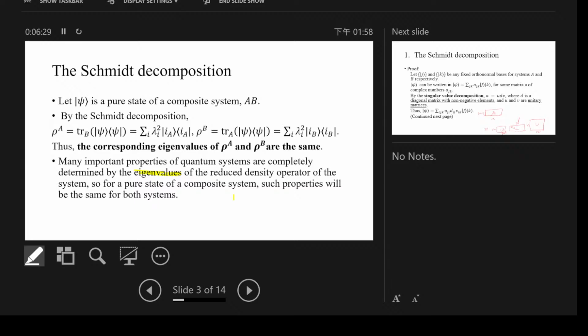That's the first thing we know from the Schmidt decomposition.